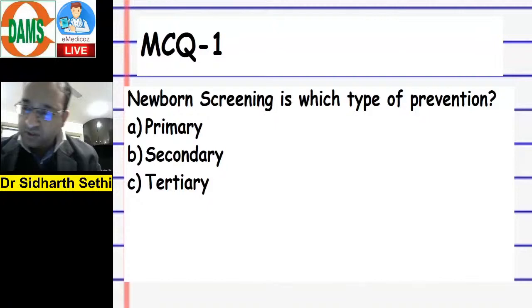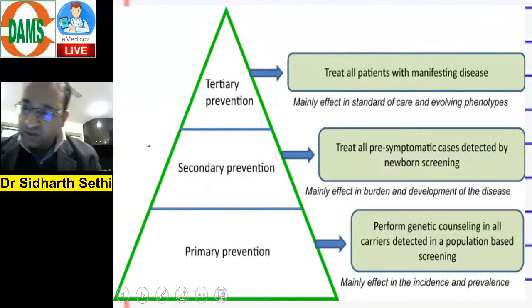And actually, all of you are wrong. Newborn screening is actually a secondary type of prevention. What do I mean by secondary prevention? First let's talk about primary prevention. Primary prevention is that before it happens, you are trying to diagnose that disorder.